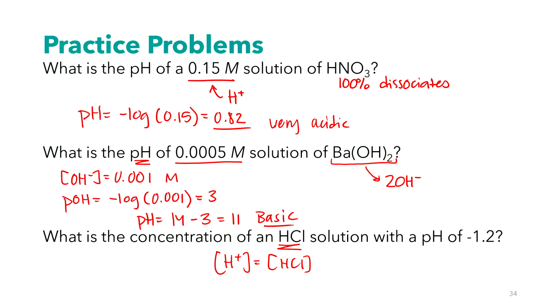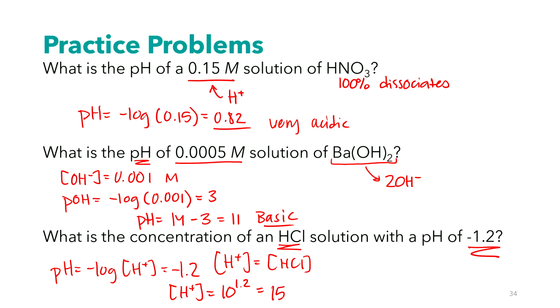So I can solve for the H plus concentration with this information. pH equals the negative log of H plus. That equals negative 1.2. So H plus equals 10 to the 1.2, and this is a scarily concentrated HCl solution at 15.8 molar.